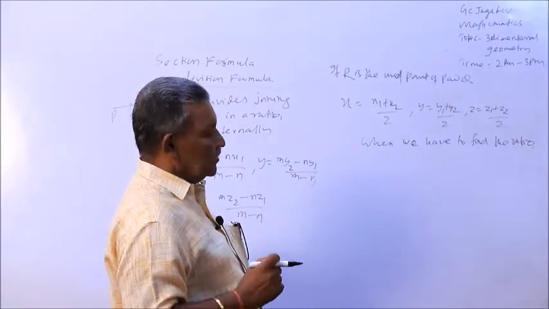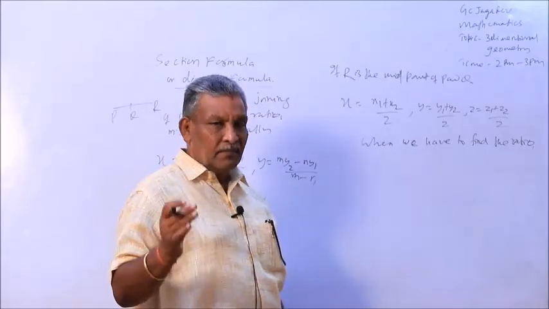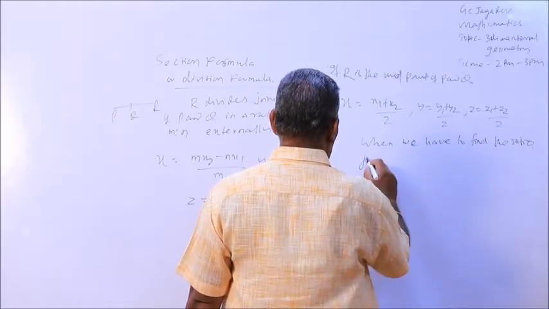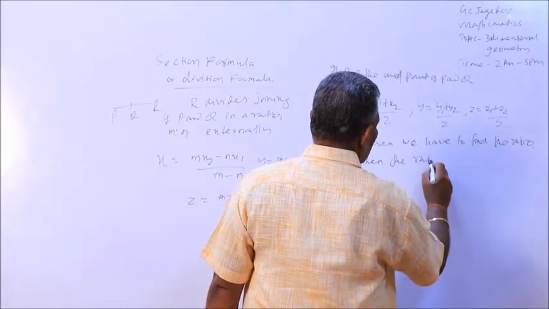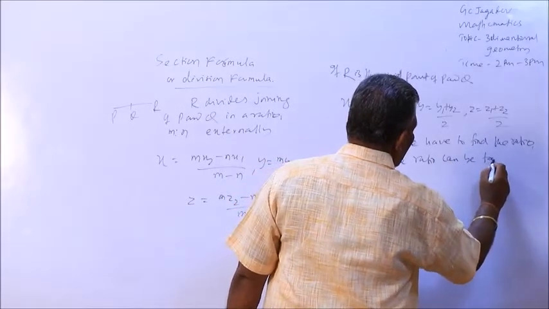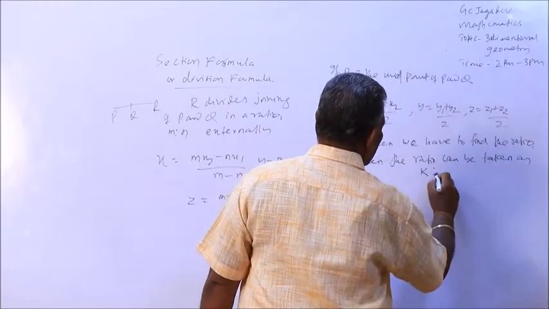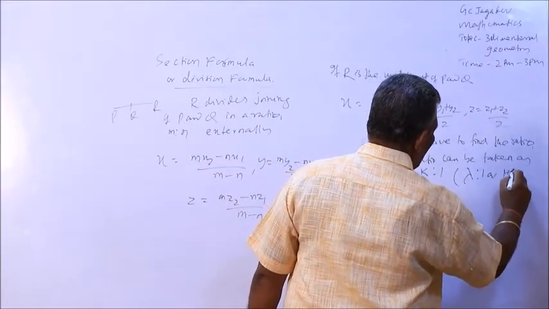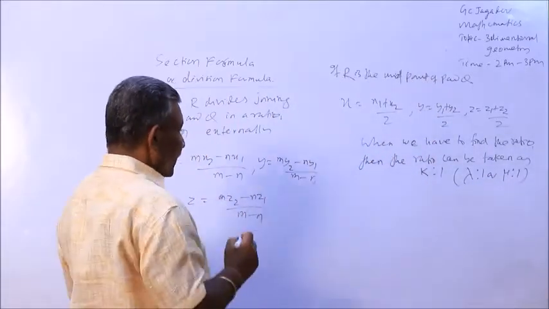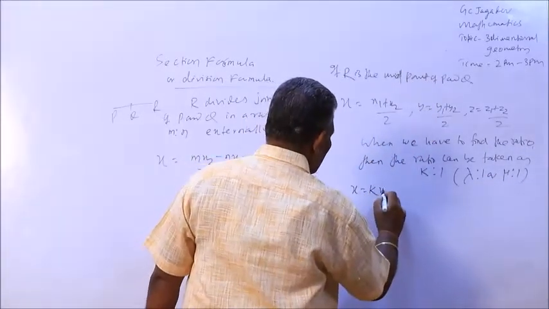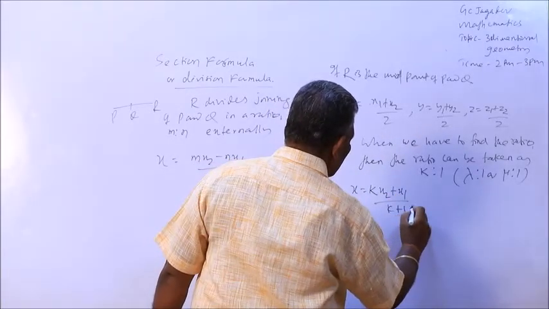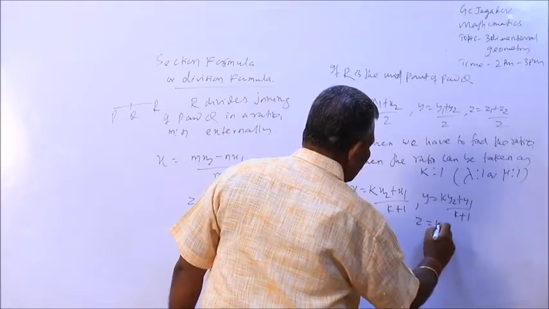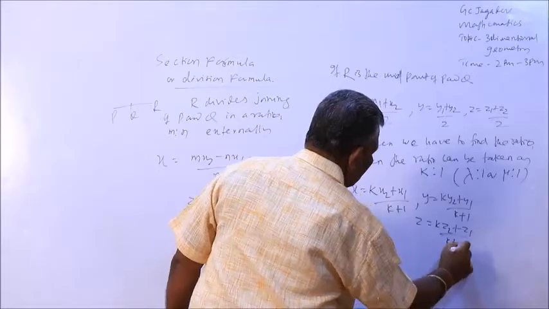One known quantity means you can take k is to 1 or lambda is to 1 or m is to 1 or n is to 1, like this. Anything you can take, there will be no harm. In that case x equals (kx2 plus x1) by (k plus 1), y equals (ky2 plus y1) by (k plus 1), z equals (kz2 plus z1) by (k plus 1), like this.